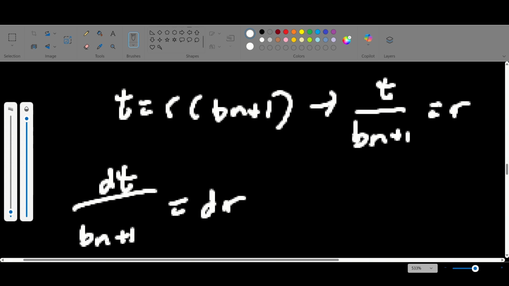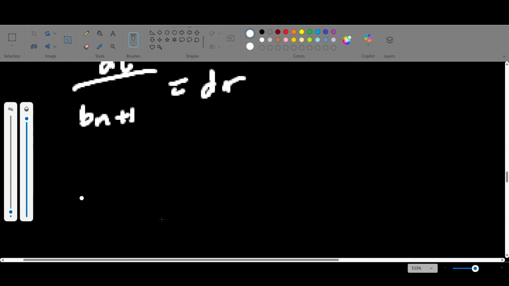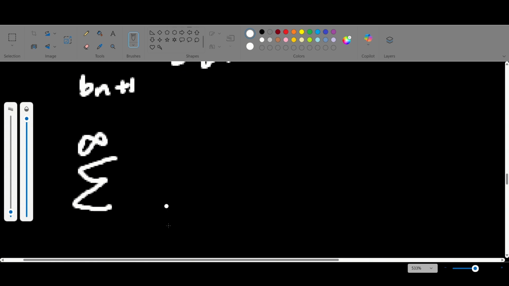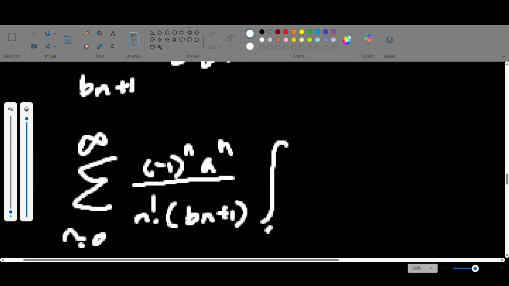Now notice that this is also just a constant in the t world, so we'll pull this out of the integral. And we will have negative 1 to the n, a to the n, and n factorial times bn plus 1.